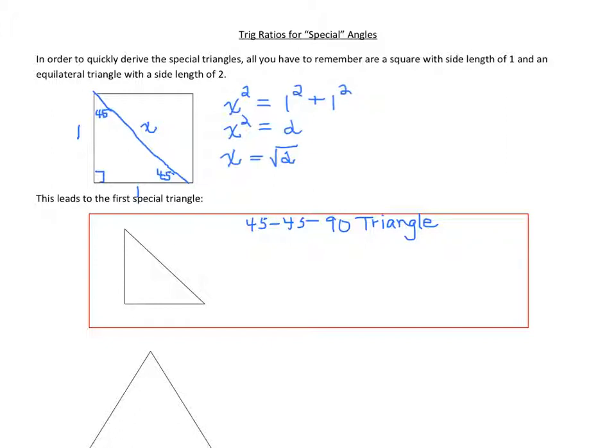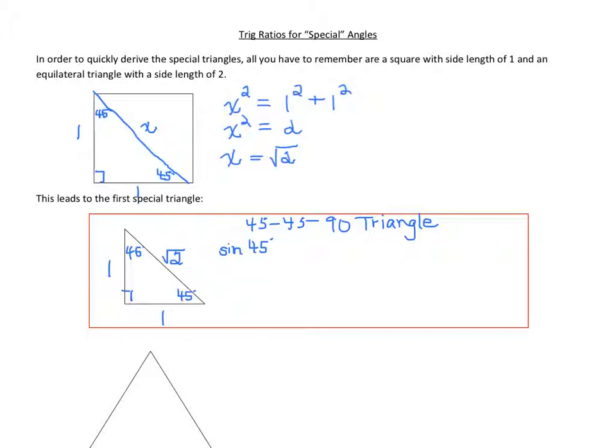Alright, so in the 45, 45, 90 triangle, we've got two side lengths of 1, two 45-degree angles, and a hypotenuse with a length of root 2. Now I can use that along with our SOHCAHTOA to derive the exact trig ratios for an angle of 45 degrees.